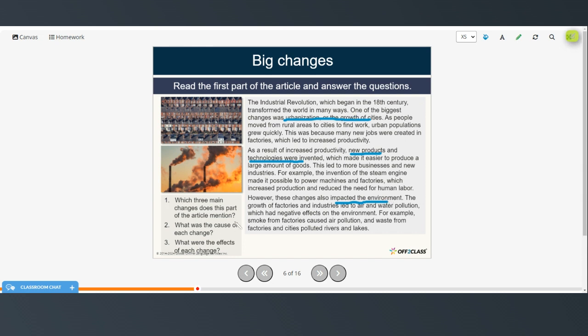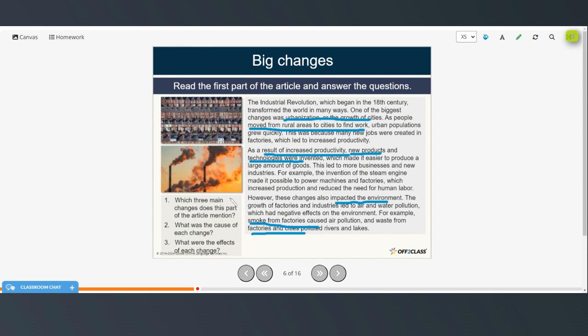So, what was the cause of each change? Well, urbanization was caused by people moving from the rural areas to cities to find work. The new products and technologies were the result of the increased productivity, and the impacts to the environment were caused by smoke from factories and waste from factories and cities.